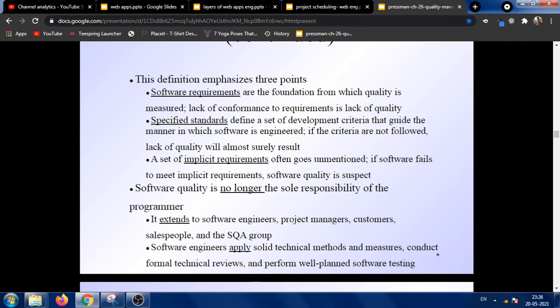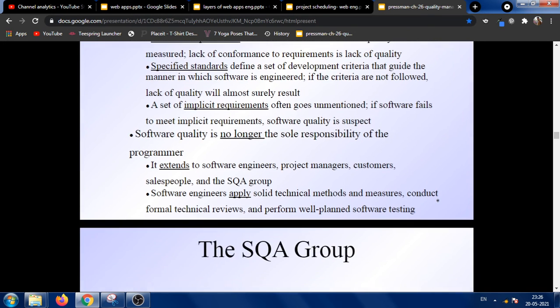There is also an SQA group, a software quality assurance group. So not only the programmer is responsible for everything that happens, it extends to these people who support the software development process.